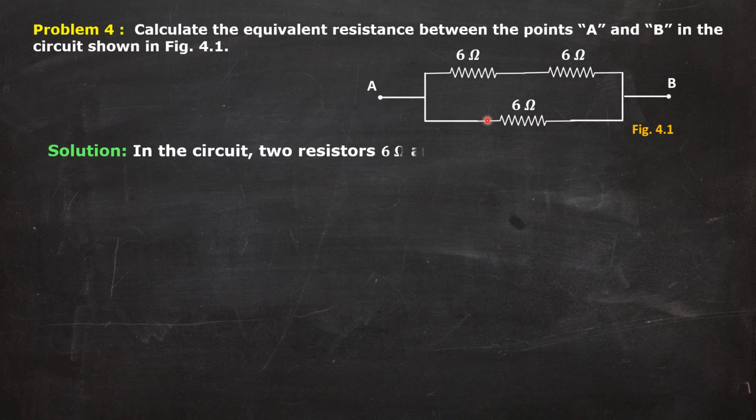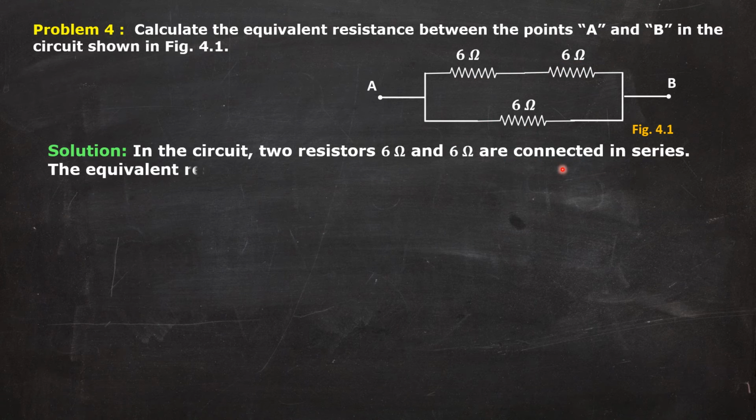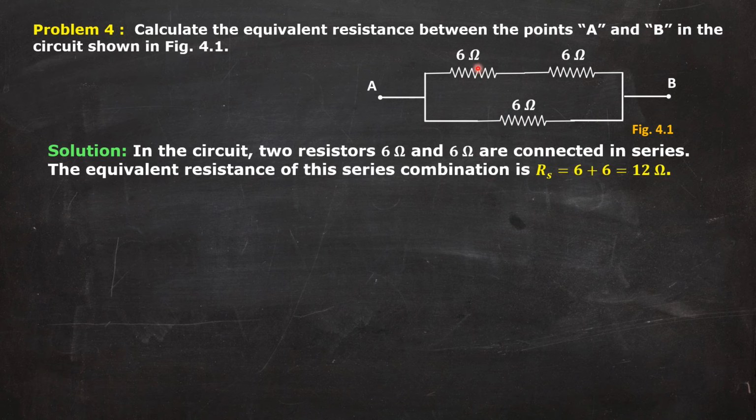In the circuit, two 6 ohm resistors are connected in series. The equivalent resistance of this series combination, Rs, is equal to 6 plus 6, we get 12 ohms. So let us remove these two resistors, and in place of them I am connecting a single resistor of 12 ohms in parallel with the 6 ohm resistor.